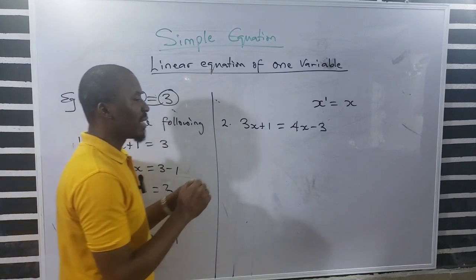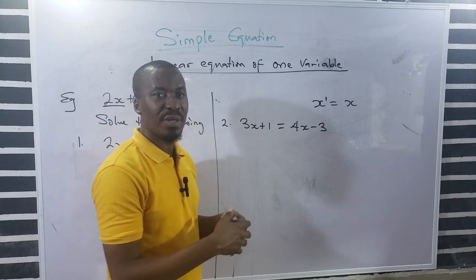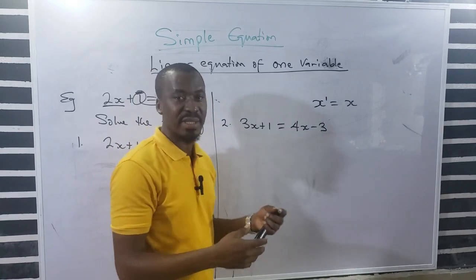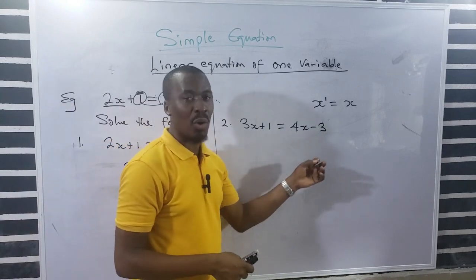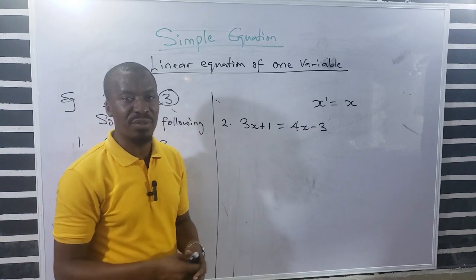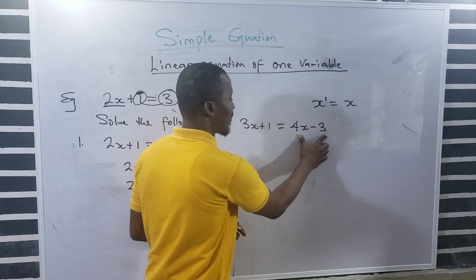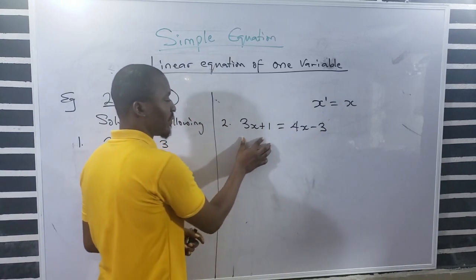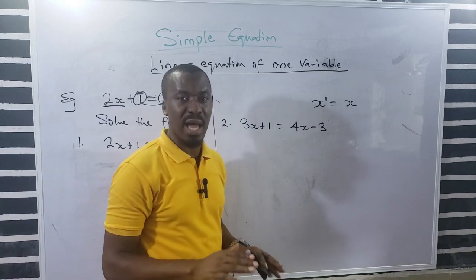It's very simple. Take every term with s on one side of the equation, then leave the constants, or the numbers that do not have s, on the other side of the equation. So it is your choice whether to take your s on this side of the equation or on this side of the equation. It does not change anything at all.